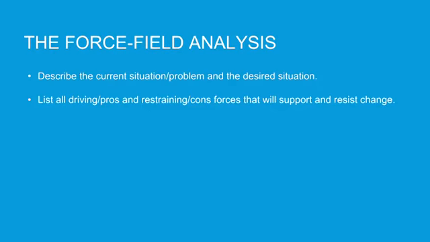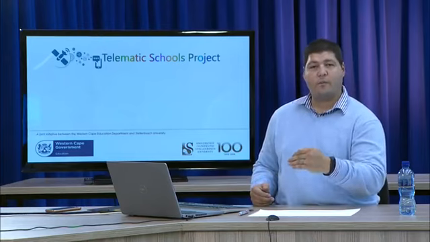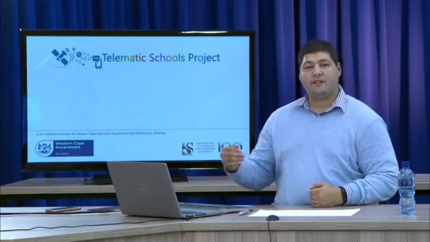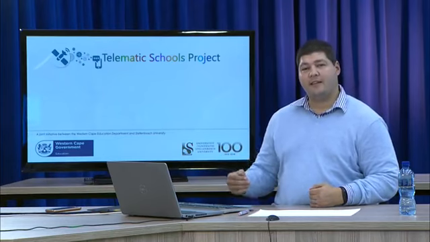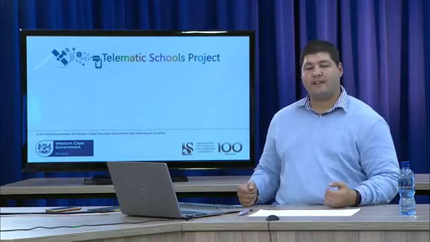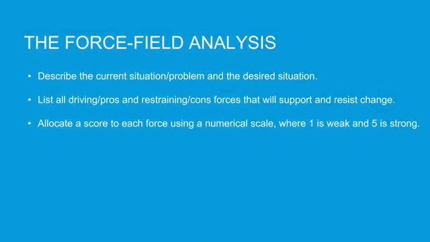Any of those terms used will be an indication that we are using the force field analysis as a problem-solving technique. You would normally have your problem at the center, and then next to it your list of advantages or forces for or pros on the one side, and your list of negatives or disadvantages or forces against on the other side. Once you've got all your advantages and disadvantages, the next step is to give each of them a rating or a score.